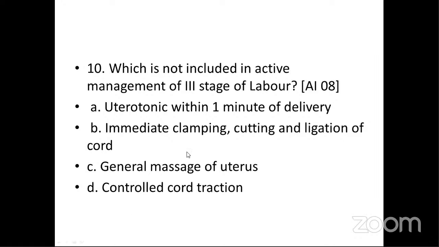Yeah, that's very correct, because one of the important aspects in active management of third stage of labor, when there is a normal pregnancy and no contraindication, is that we do not clamp the cord immediately. We let some of the blood go into the fetal body, which is helpful, and it will prevent further complications in some of the fetuses like anemia and even intraventricular bleeding. So we don't do the clamping immediately in active management. So the answer for this question is B. That's correct.